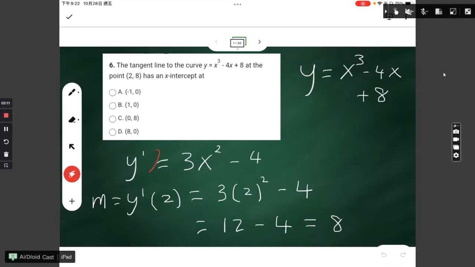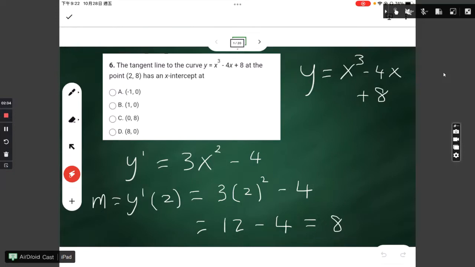We apply the power rule. The derivative of x to the third is 3x squared. The derivative of minus 4x is just minus 4. The derivative of a constant is 0. So this is y prime, the first derivative.